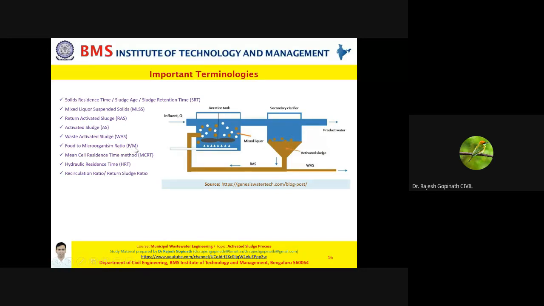In simple words, it's a ratio of the mass of the BOD which has been removed, divided by the biomass in the reactor. When I say food, I am referring to BOD, biochemical oxygen demand. When I say microorganism, I'm talking about the living biomass. So F/M is a very simple ratio of the mass of the BOD removed, divided by the biomass which is in this reactor.